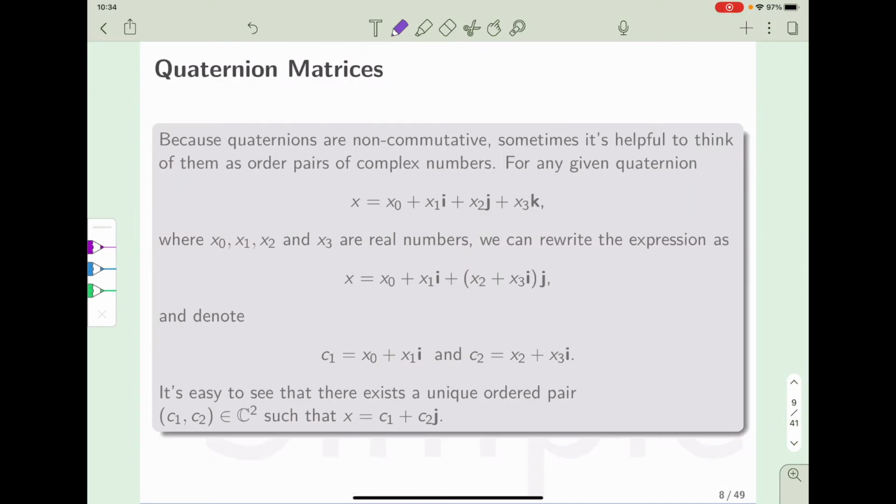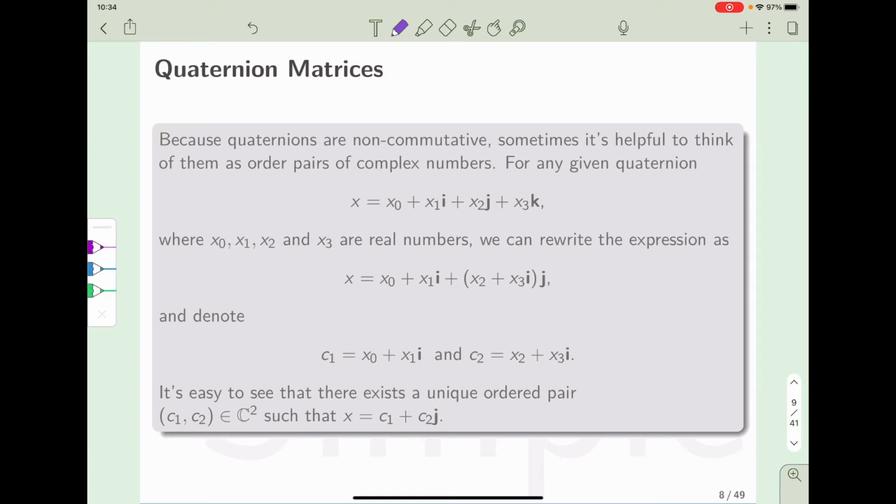Because quaternions are non-commutative, it's helpful to think of them as ordered pairs of complex numbers. For any given quaternion, we can factor out the j from the third and fourth coordinate so that we can see that each quaternion has a unique expression as an ordered pair of complex numbers.